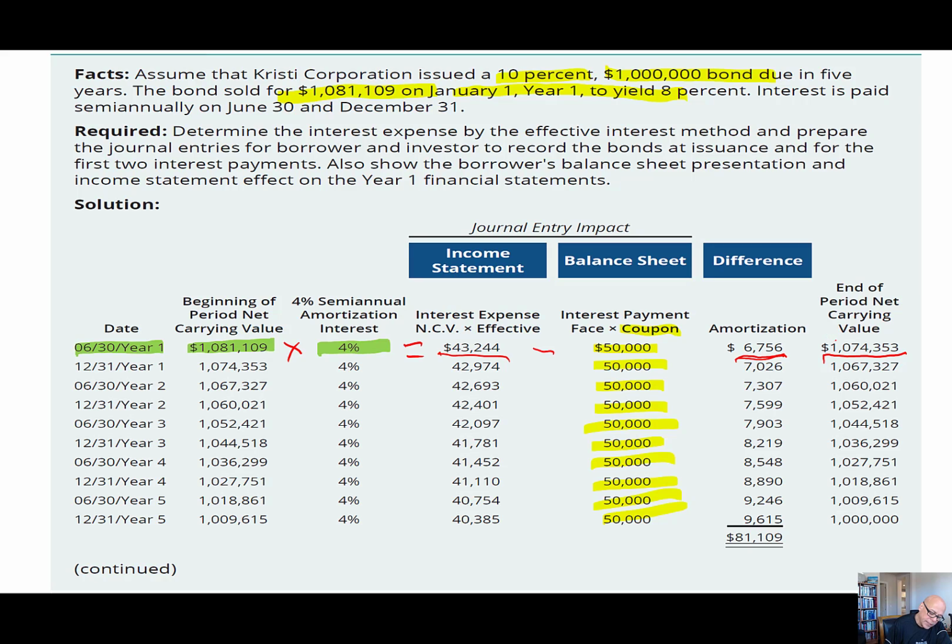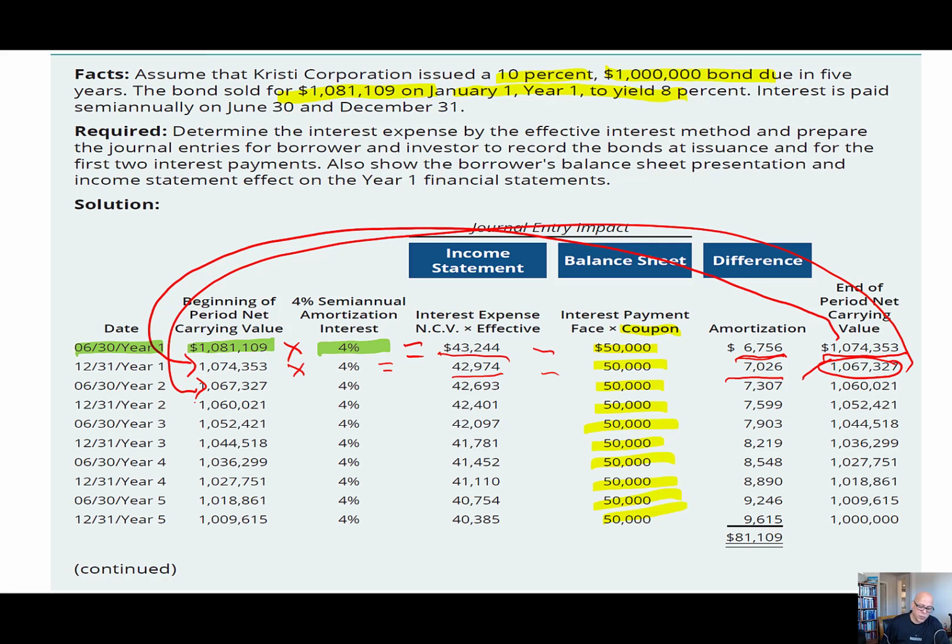And then you take that 107.7453, the new carrying amount, times the 4% equals the interest for the next 6 months. Compare that to the $50,000. That won't change. There's my amortization for the next 6 months. You subtract that from the previous carrying value, which gives you the new carrying value, and so on.